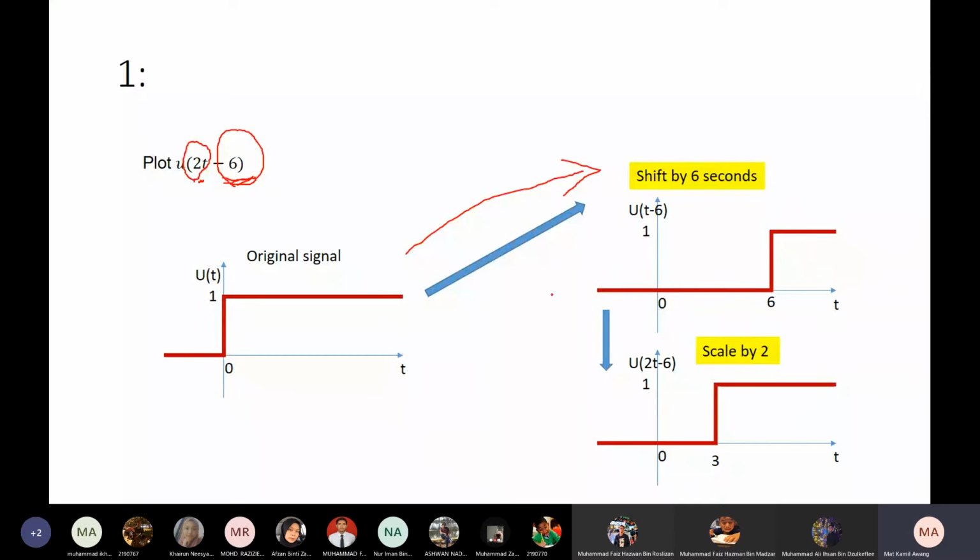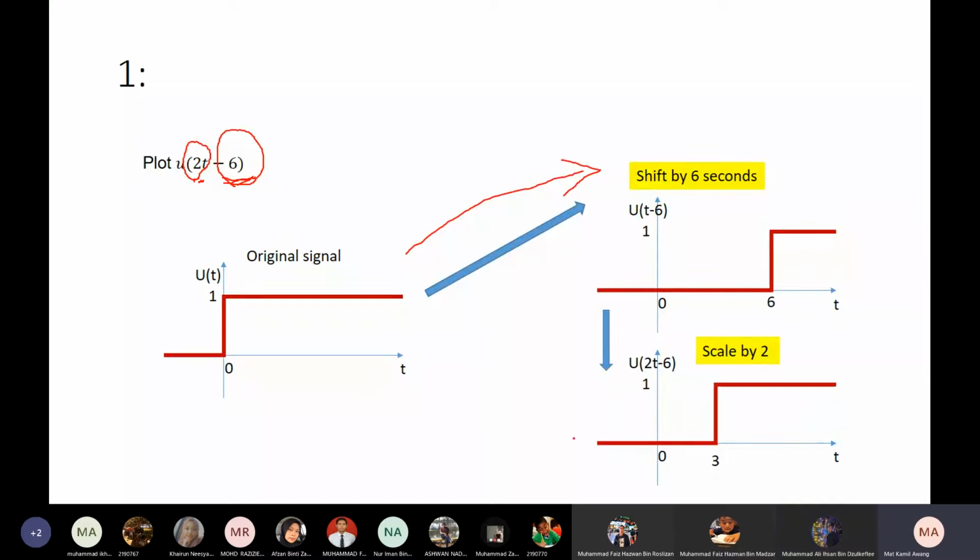Then the second step, you have to scale by 2 because you have 2t. When a, which is 2, is greater than 1, it will be compressed. So you compress, you divide by 2. So 6 divided by 2 will be 3.